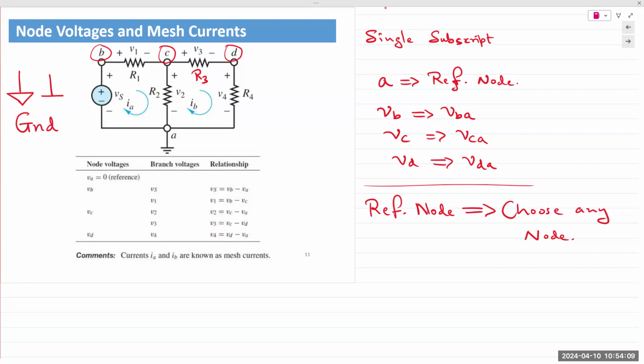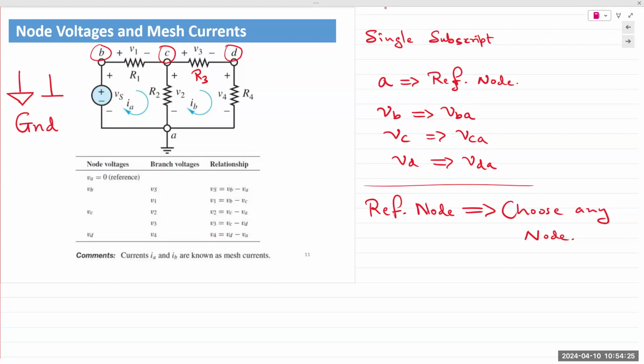This is again an important teaching point. When we say components, a source is also a component. So we have VS, we have R1, we have R4. This is the important point.